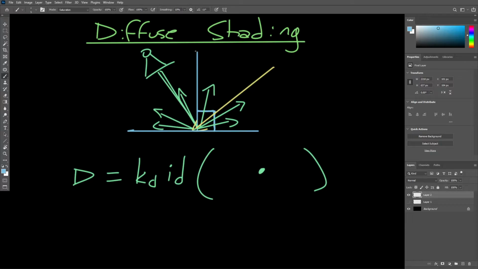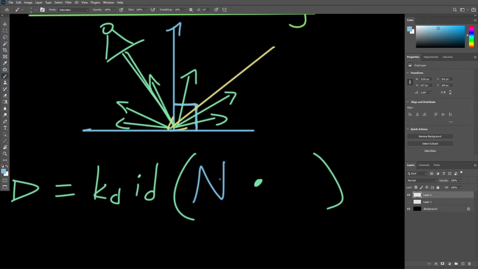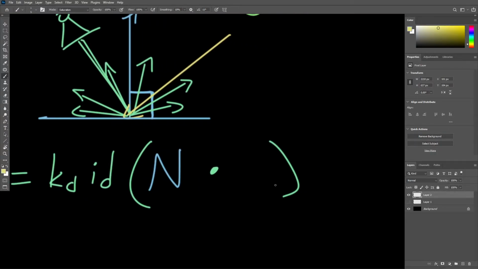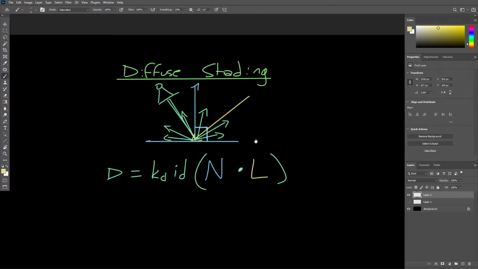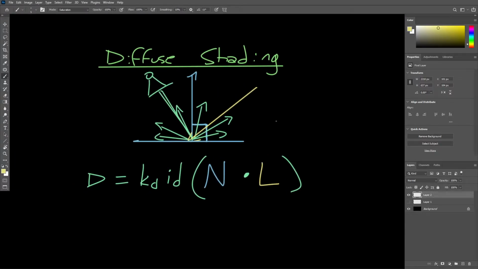But yeah, so we're going to bring in the surface's normal vector, and we're going to take the dot product between that and the incoming light vector. So we'll put that right in there. All right, so why are we multiplying this product of diffuse coefficient and diffuse light intensity by the dot product of the normal vector and the incoming light vector?